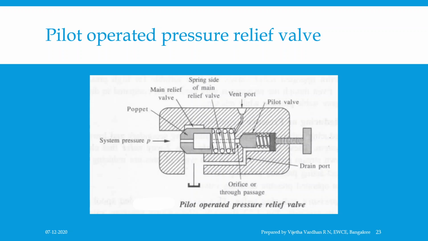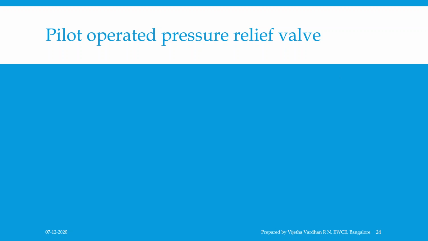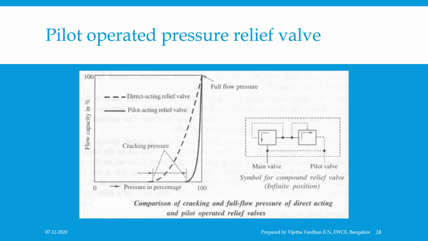The pilot operated valves have typically low internal leakage, and cracking pressures will be approximately 80 to 90 percent of the pressure setting, whereas the cracking pressure in directly operated valves is only 50 to 60 percent of the pressure setting, which you can see in the figure over here.